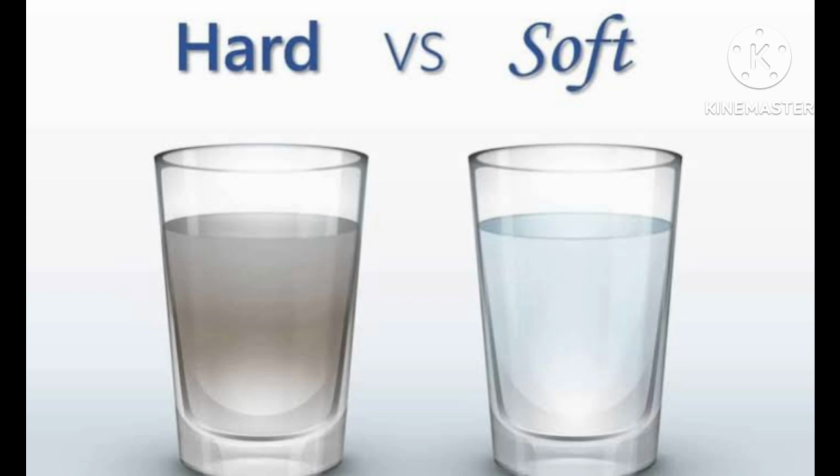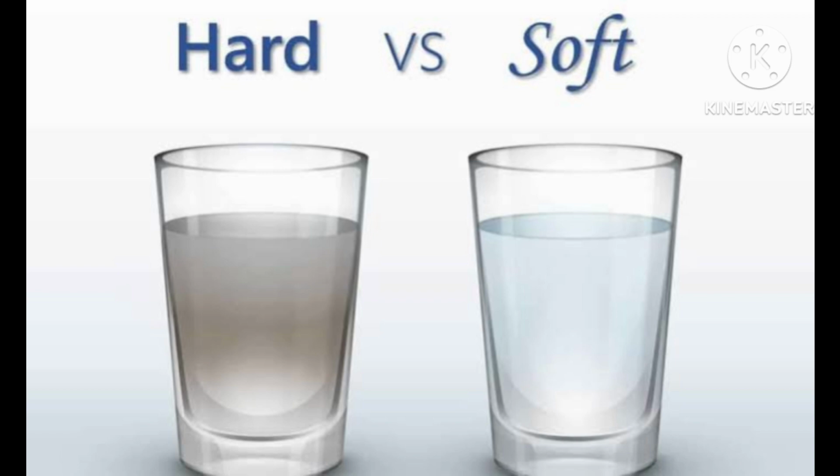If water is hard and you are cleaning the cloth with soap, then more soap will be required, because all calcium ion should precipitate, should come out from the water.